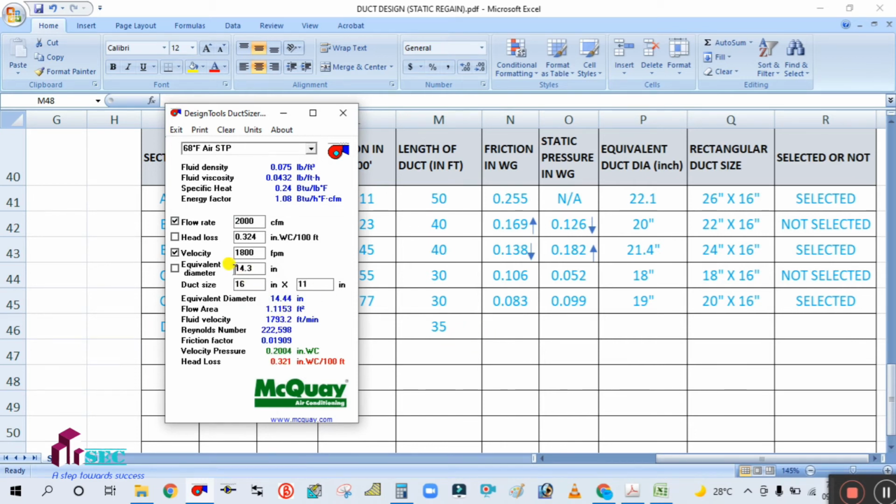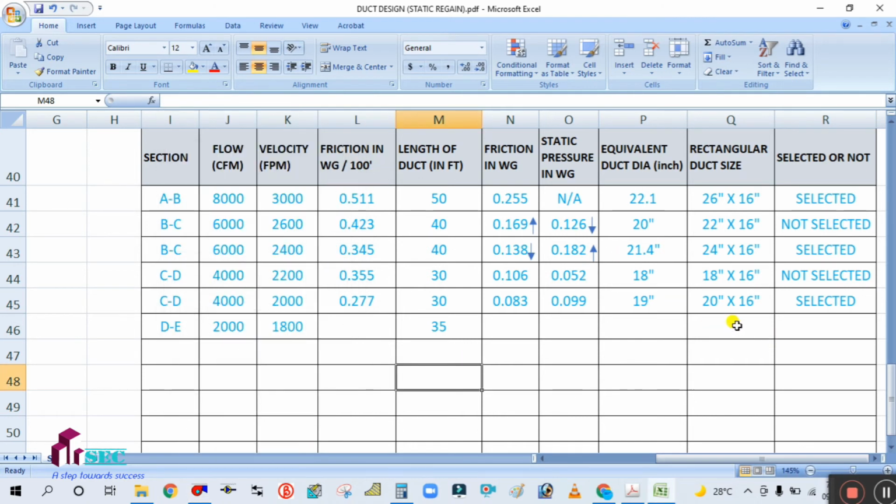So we are getting 16 inch by 11 inch. So now we need to reduce the height of the duct because this width is less. So 14 by 12. Again we need to reduce. So here your duct size will be 14 inch width and height is 12 inch.